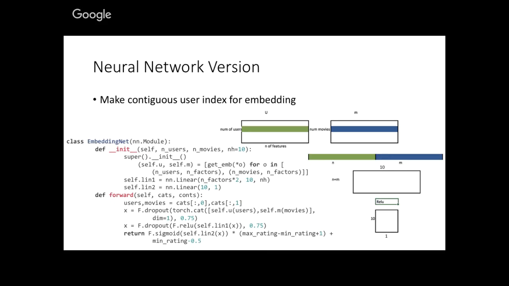I could either add two 10s and get another 10 out of it, or I could concatenate two 5s together to get a 10. I'm going to end up with the same number of operations. So which one is better? Second one is better because you have 2 and 5. Okay, so the second one might be better because we are separating the influence between movies and users, right? It could be better. It might not be better.